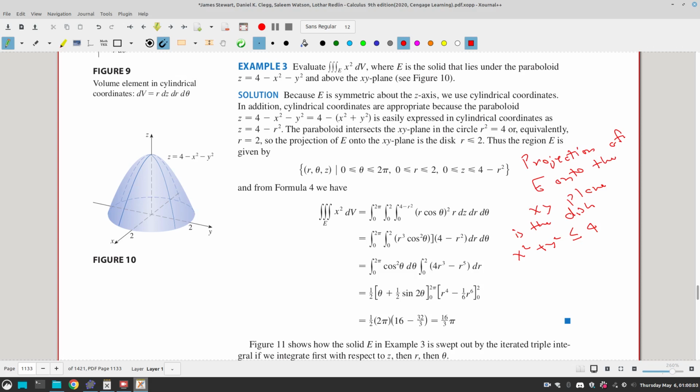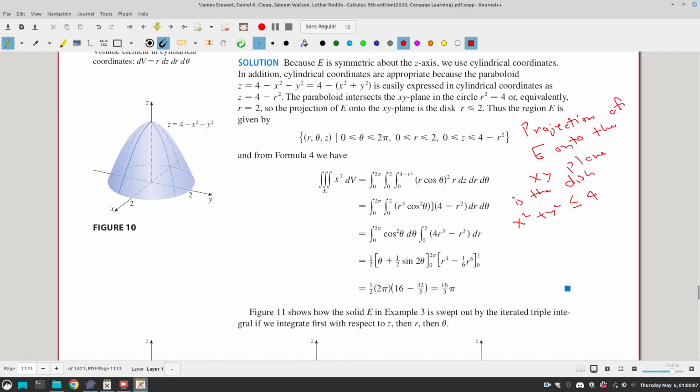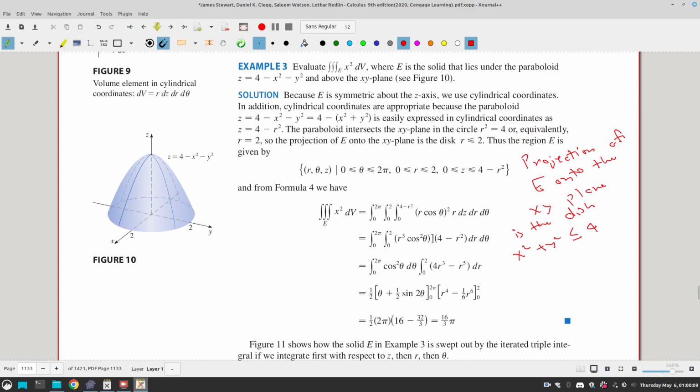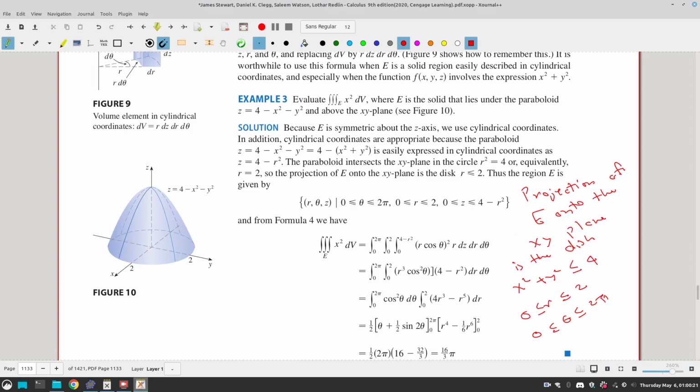In this projection, r has to go from 0 to 2, and you have theta going from 0 to twice pi, and you have z. Remember, the upper limit is 4 minus x square minus y square. This can be written as 4 minus r square.